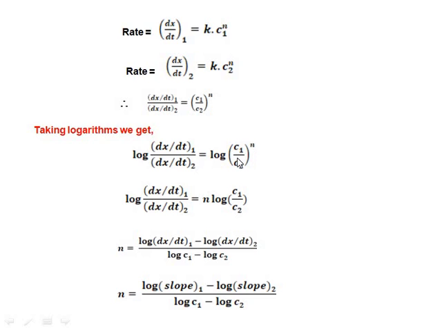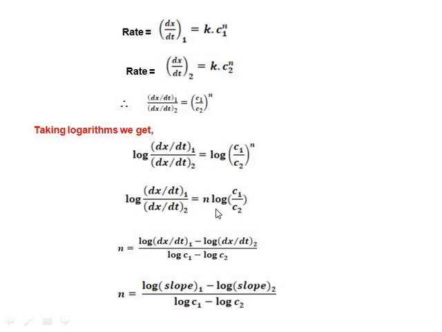So according to the rule of logarithm, log of (dx/dt)1 upon (dx/dt)2 is equal to n log of c1 upon c2. So n log of c1 by c2, and therefore n is equal to... how will you interchange this?